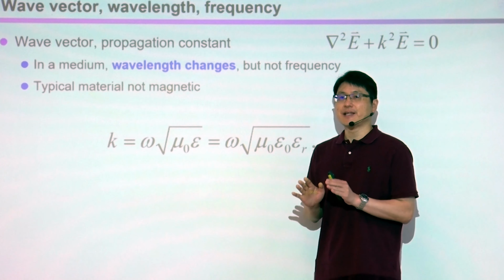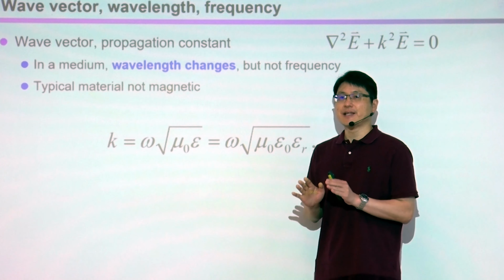And this is telling you, if your material is conductive, then your epsilon is no longer purely real. When you don't have this J term, then epsilon for typical material is purely real.